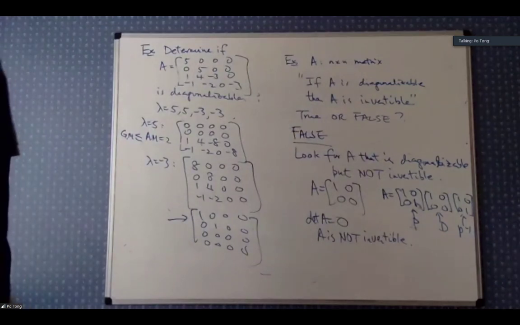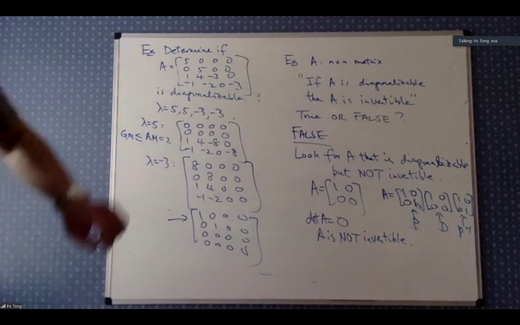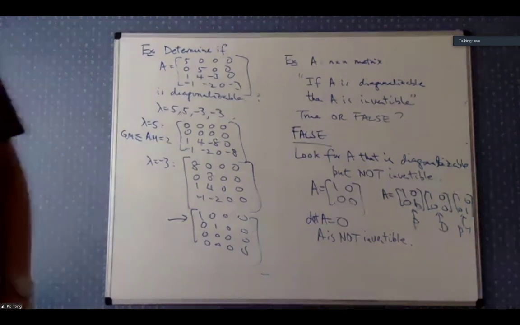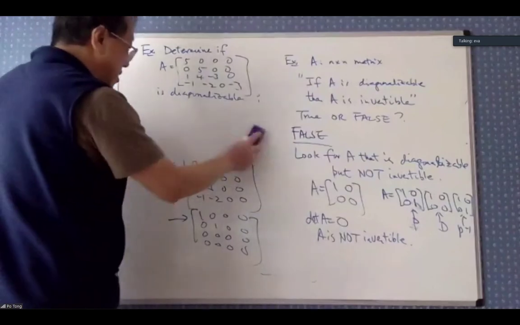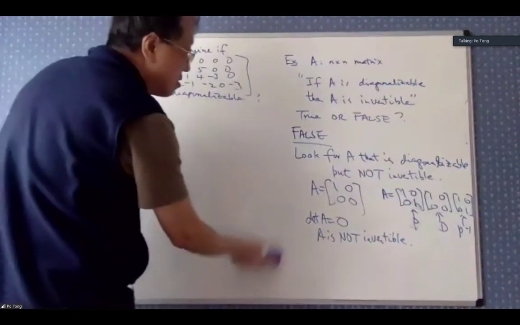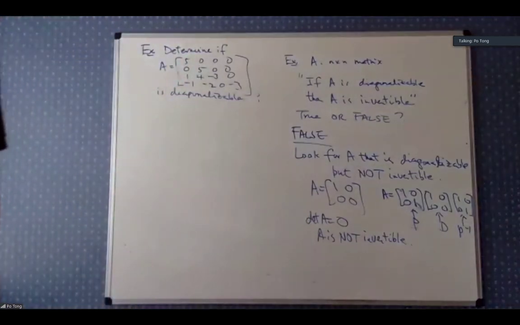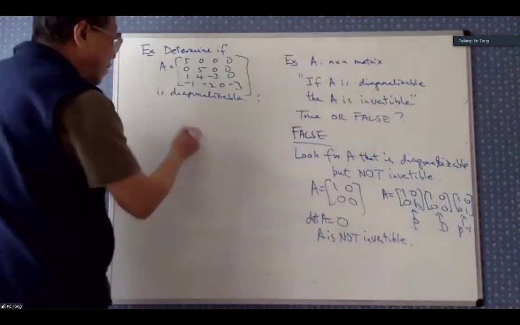Is it okay? Can I ask a question? Yes. If A is diagonalizable, does that mean it's not invertible? No. Doesn't mean that it's not invertible. It's just a completely different thing. So you can have A equal to this.